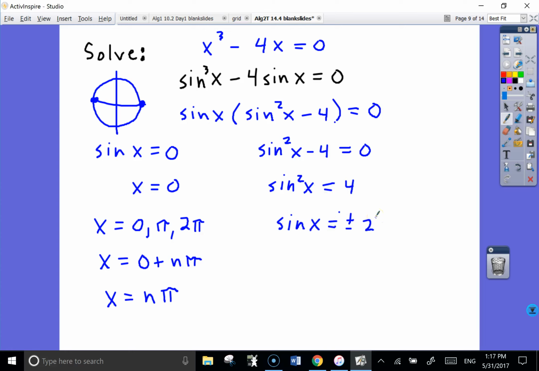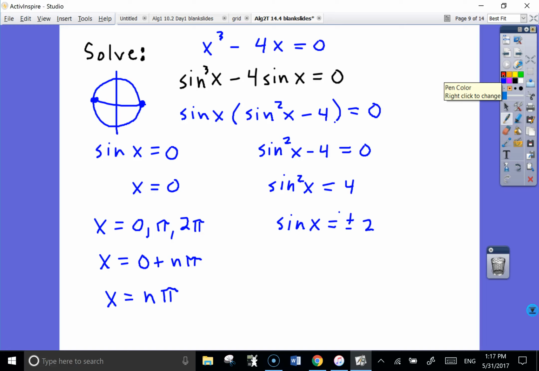What does that tell you? Where does sine equal 2 or negative 2? What is the maximum value for sine? It's 1. It never equals 2. Remember, the sine values go from negative 1 to 1.